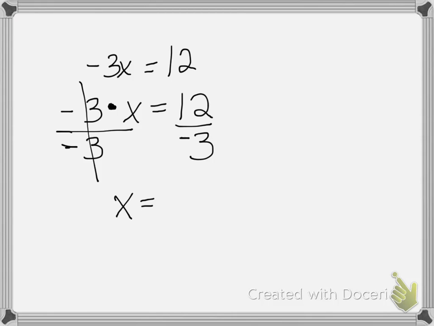Same signs are positive, but different signs are not. They're not positive, therefore they must be negative. 12 divided by negative 3 is a negative 4. Plug it back in and check. Negative 3 times negative 4 does in fact equal, a negative times a negative makes it a positive, so it is a positive 12.